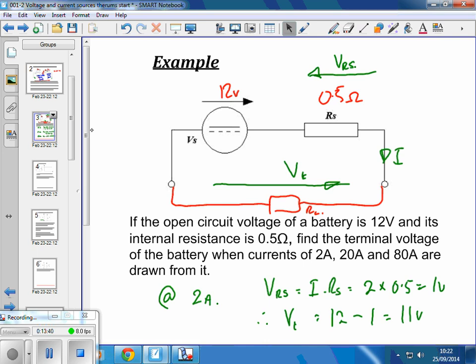Okay? It is possible to create a power supply that will hold a constant voltage even though the current is changing. The national grid is one of them. Okay? But they have to do something about making sure through the control systems that they vary something else to make sure that we hold a stable voltage. Okay.